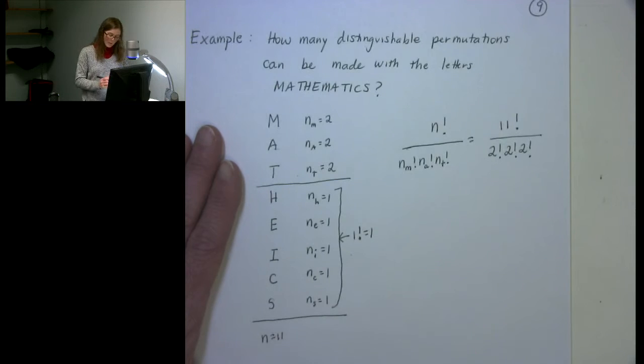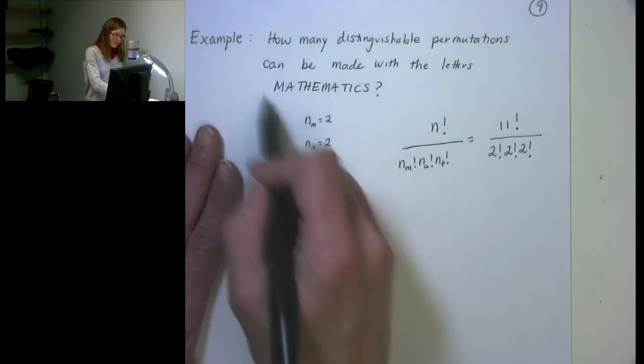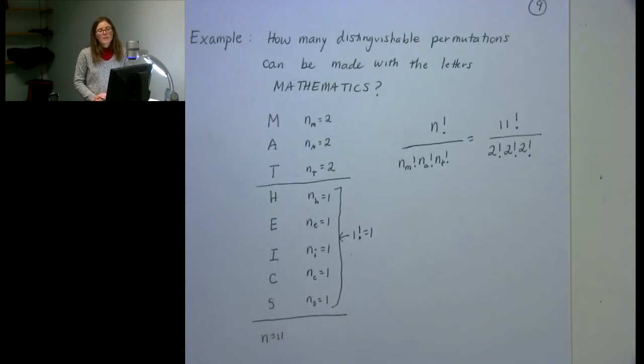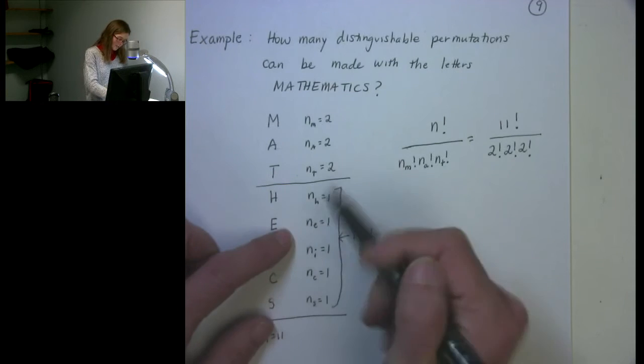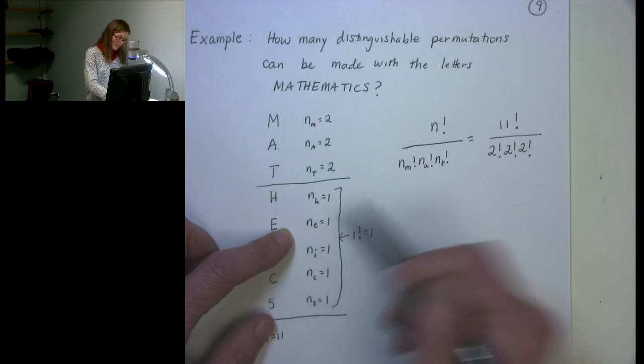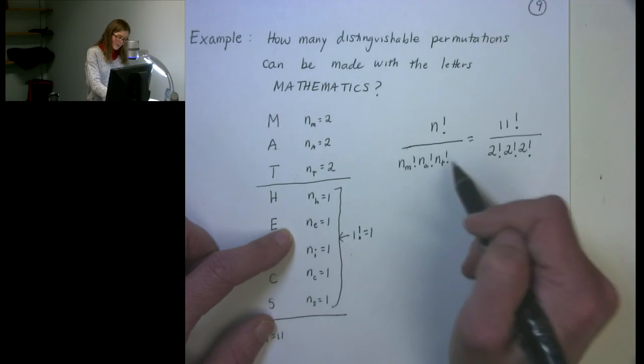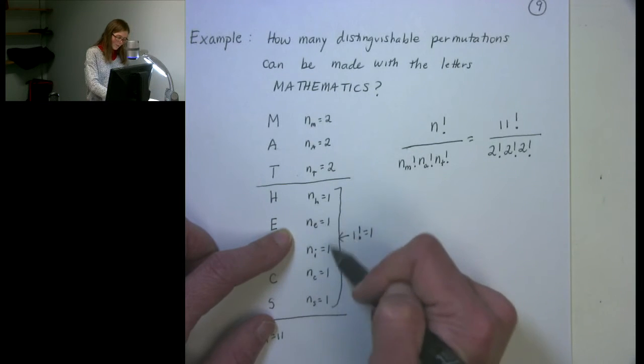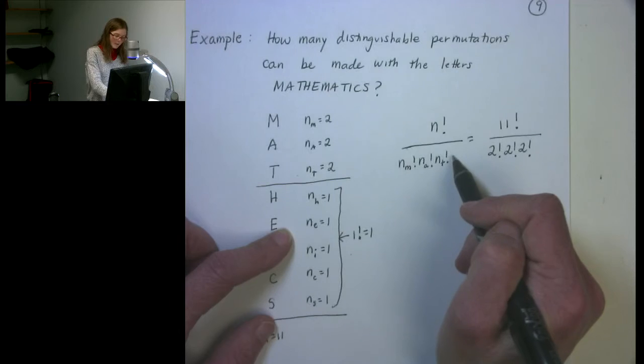And so this will give me my total number of ways that I can distinguishably permute the letters in mathematics. As I said, I could multiply by n sub h factorial and n sub e factorial and all that on the bottom too, but I don't really need to, because when I've only got 1 of those letters, I'd just be multiplying by 1, by 1, by 1.